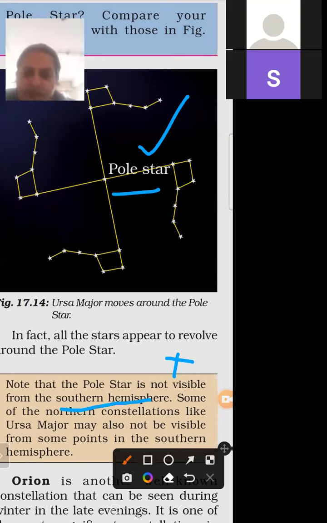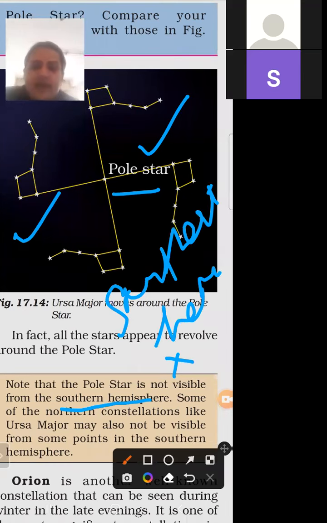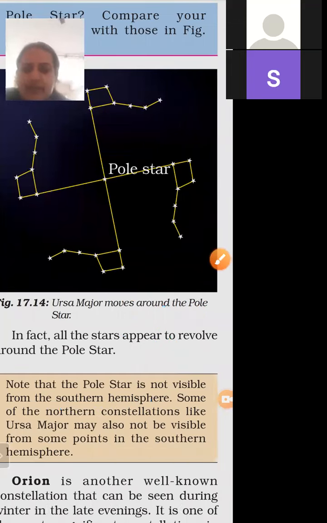This is not visible in the southern hemisphere, because if we look from the southern hemisphere, it will not be visible. So this is our first constellation.